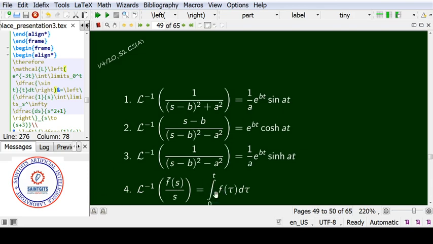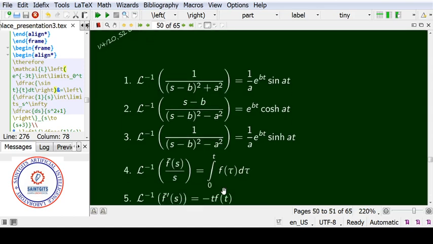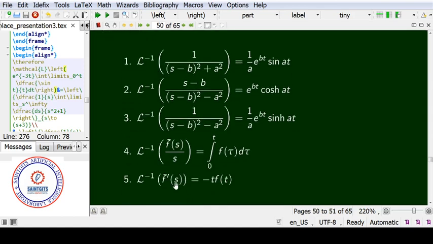Then this is a property. Laplace transform of integral: when we take this L inverse to the right side, L of integral becomes division by s. So L inverse of division by s leads to integral of f of tau d tau. Then L inverse of f bar dash of s, L inverse of some derivative, leads to minus t into f of t.